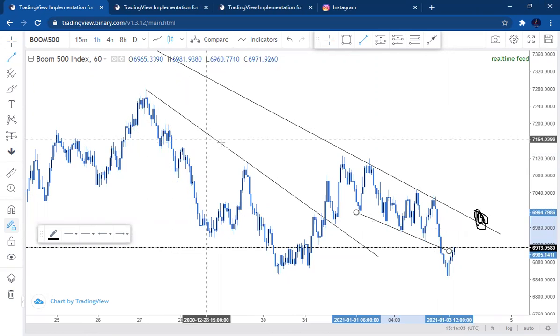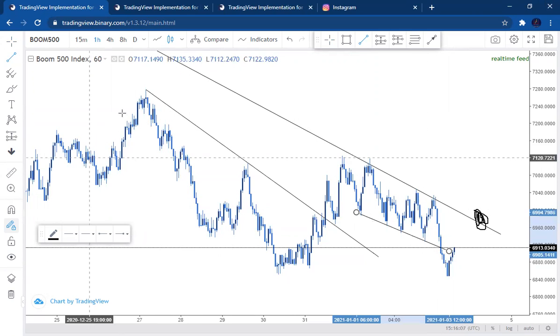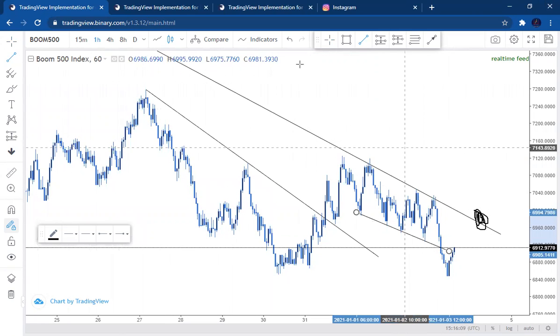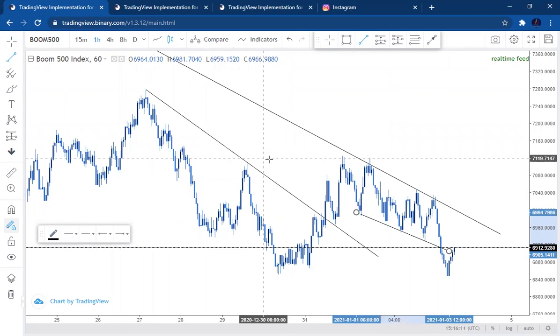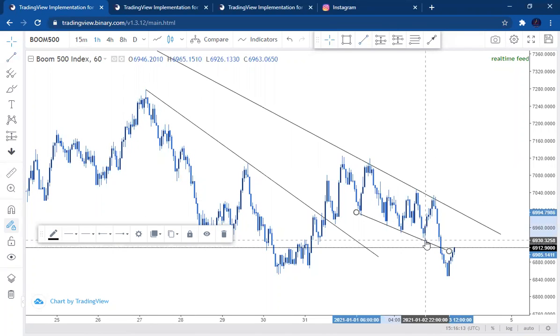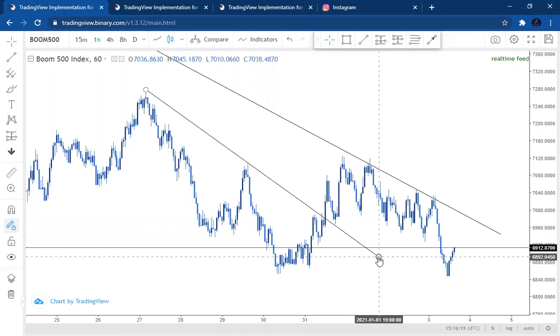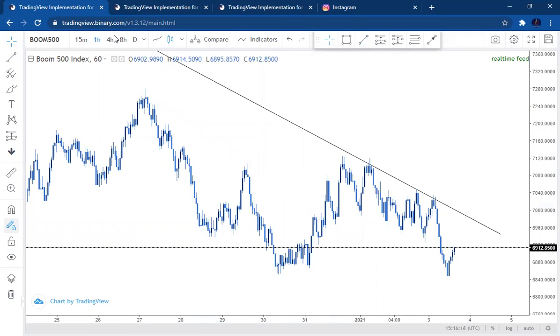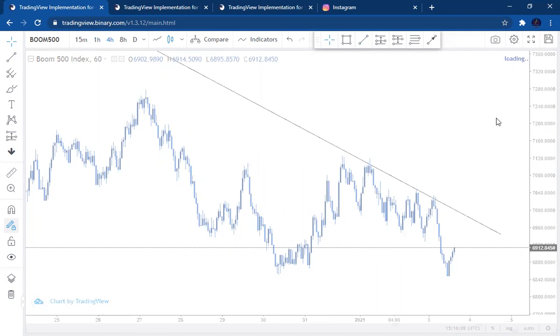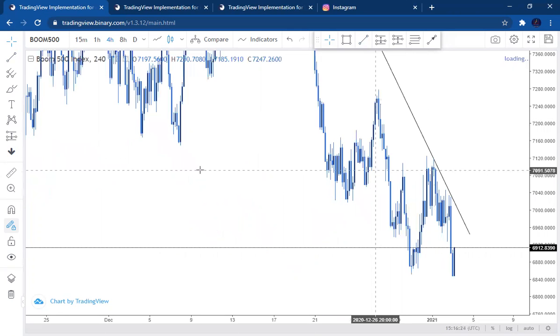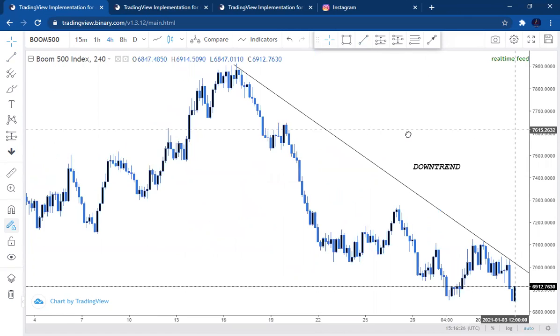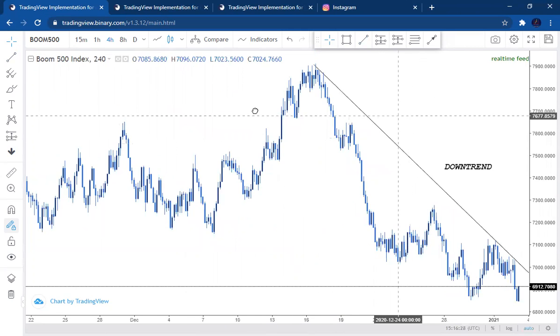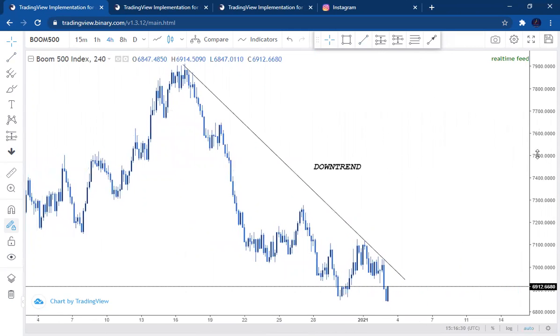So right here, the overall trend of the market is what? Price is moving to the downside. Are you getting it? This is a clear example of how to identify whether price is moving to the upside or to the downside.